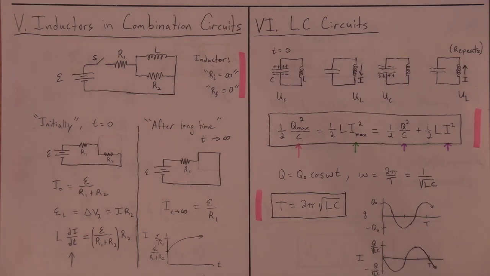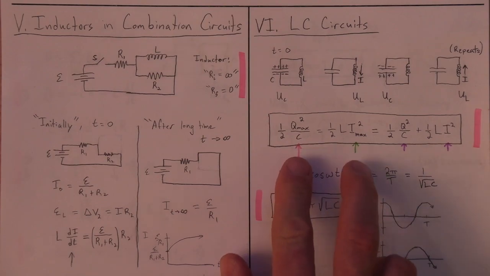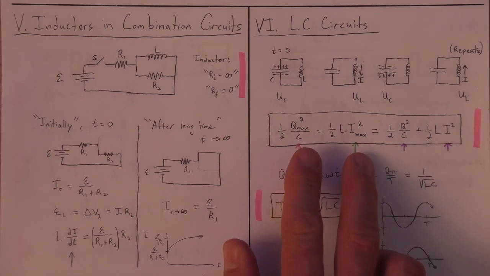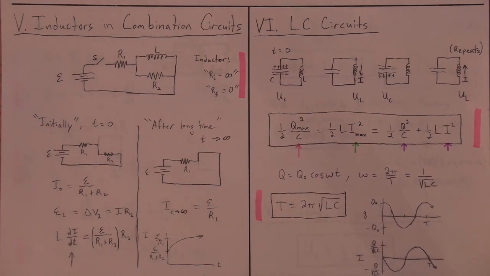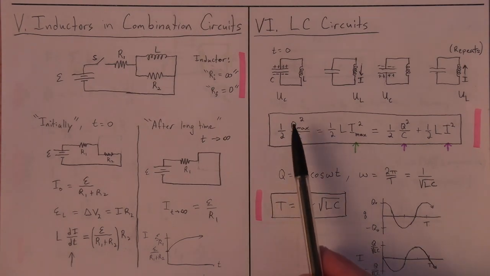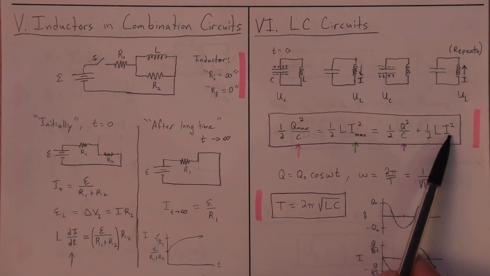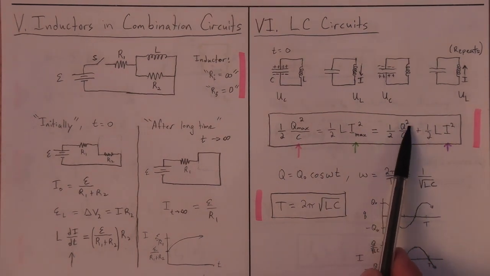So for a problem here, maybe they tell you the charge in the beginning and they ask for the maximum current in the inductor. So you would be solving between these two variables. Or another possibility is they say a capacitor begins with, say, 10 microcoulombs of charge. What's the current when there's only 5 microcoulombs of charge?